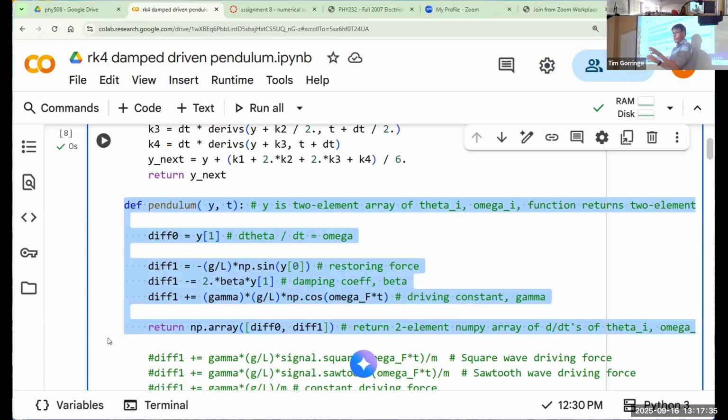That's all this function does, and that's all the Euler method needs, or the Runge-Kutta method that we're using here needs. It just needs to ask this function, given this value of theta and this value of angular velocity omega, what is the numerical value of the differential of theta and omega. So we return that here.